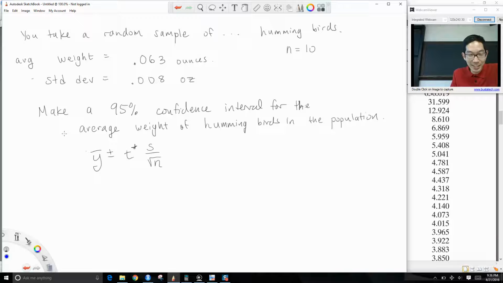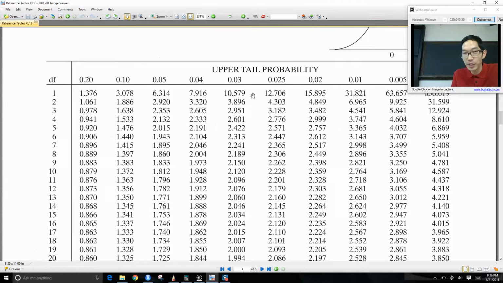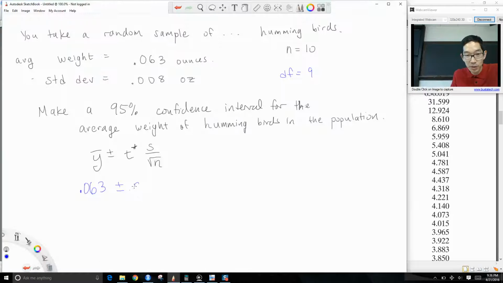Okay, so all you do is plug in 0.063 for y bar, plus or minus. Our degrees of freedom will be 9, right? So we look up 9 at 95% and we get 2.262. And we plug in s, 0.008, divided by the square root of 10.